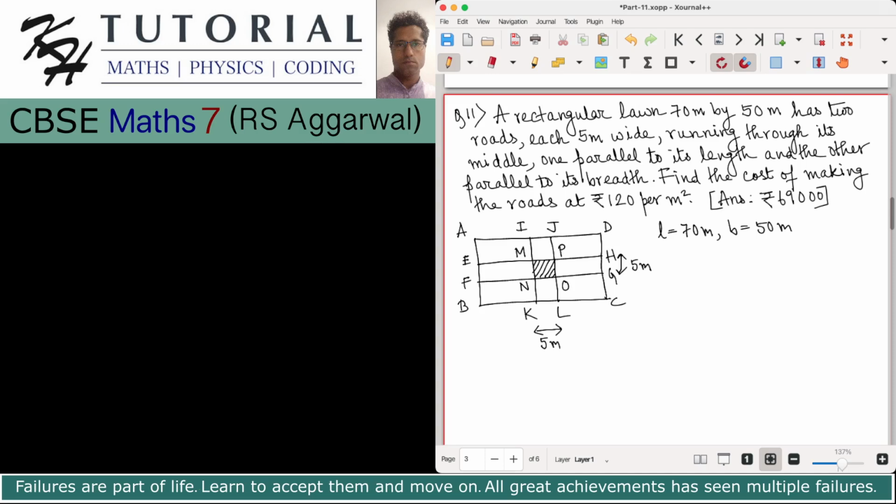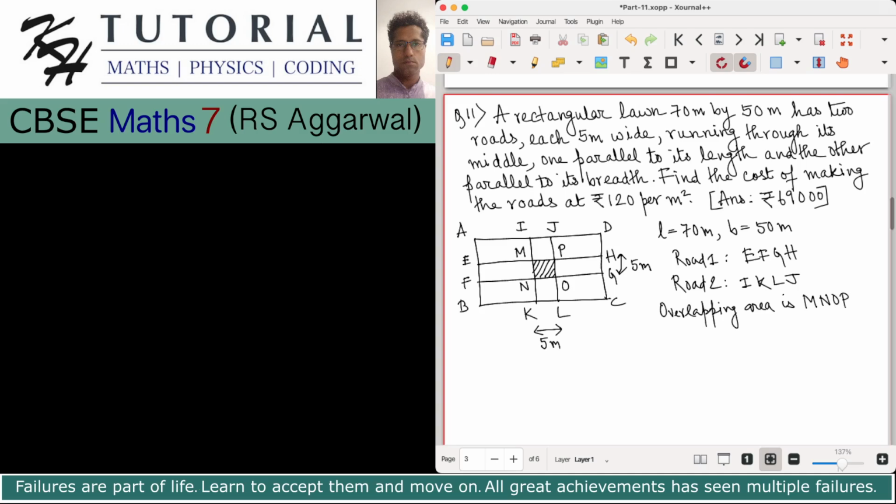Let's say road 1 is the rectangle EFGH, and road 2 is the rectangle I, K, L and J. The overlapping area is the rectangle MNOP.